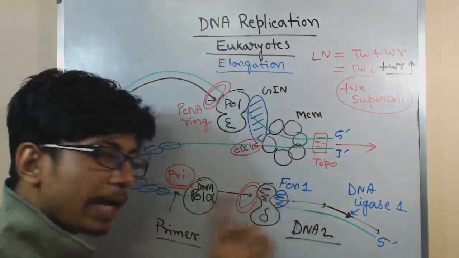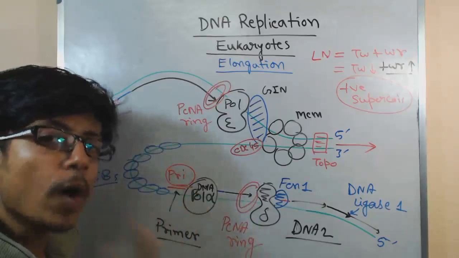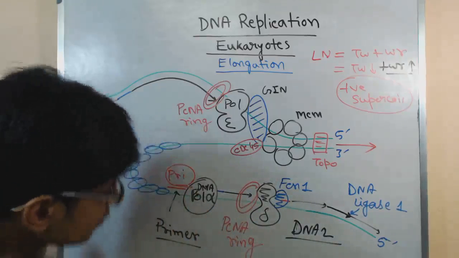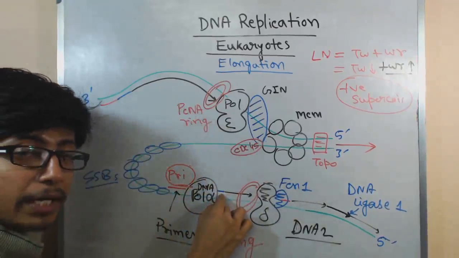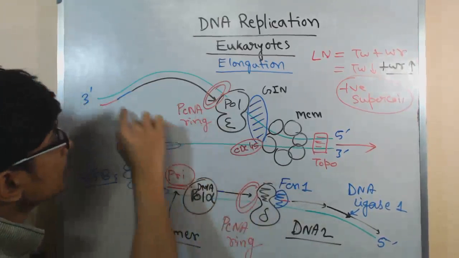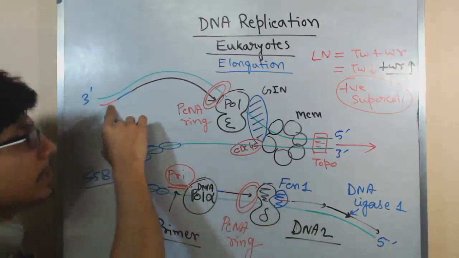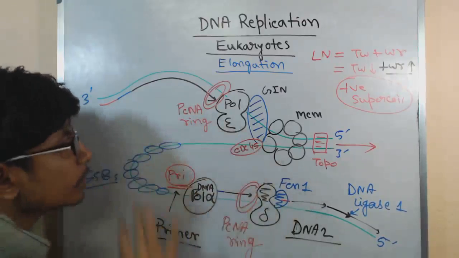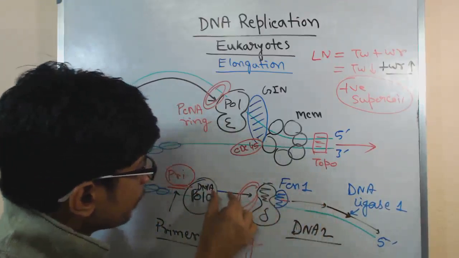Now this process of RNA primer removal should also be done in the case of the leading strand, but only once. We don't need to remove this blue stretch made by DNA polymerase alpha, because it is a DNA segment. We need to remove the primer only, and we do that in both strands.